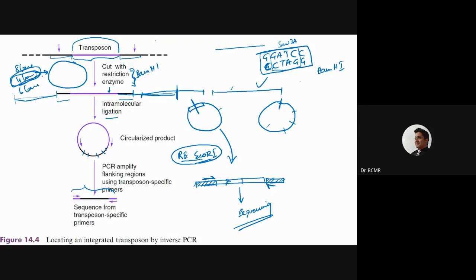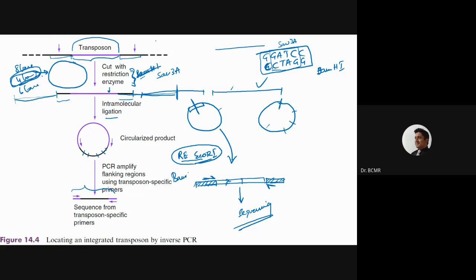Okay, I'll finish in the last minute. So here I will use Sau3A, and here I would use BamHI.